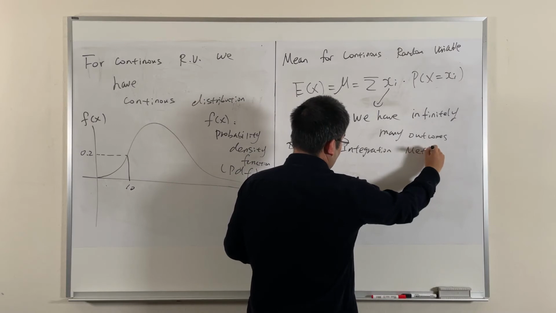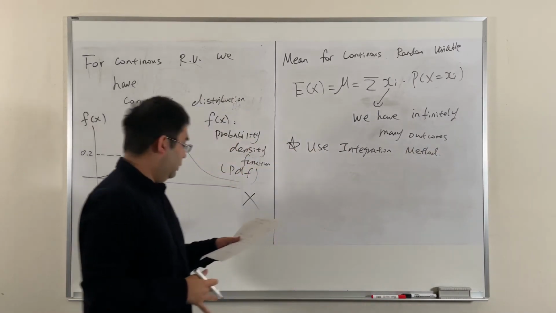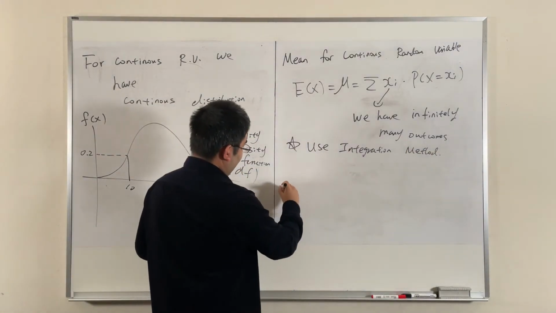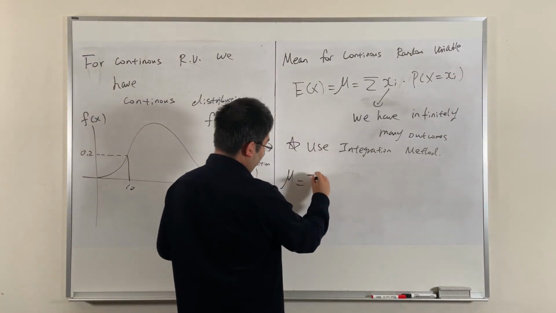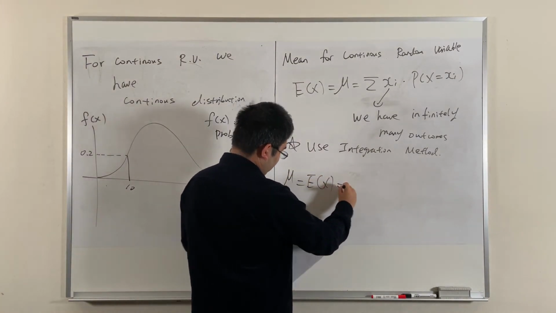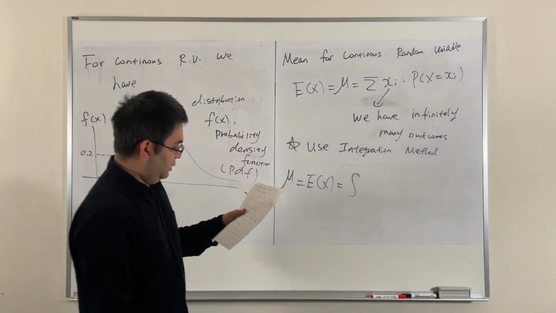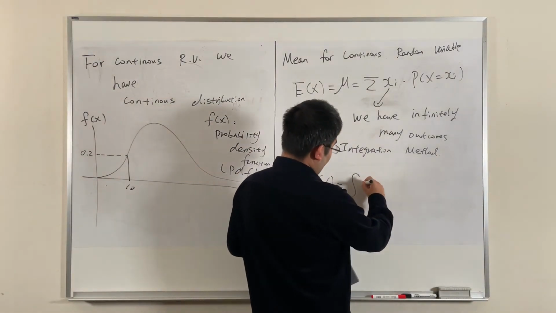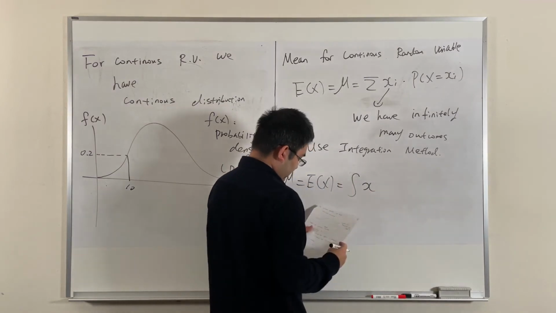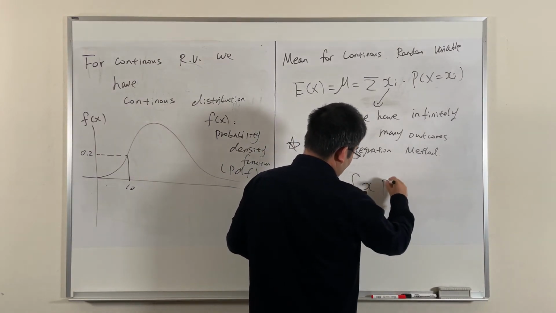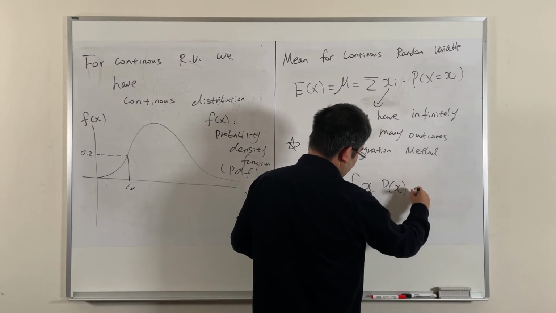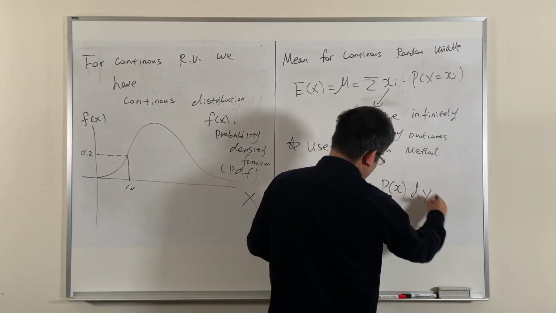Integration method, where we're going to say mu equals the expected value of x equals the integral. You sum up all the probability of each single value x, and then you evaluate at the probability of x dx.